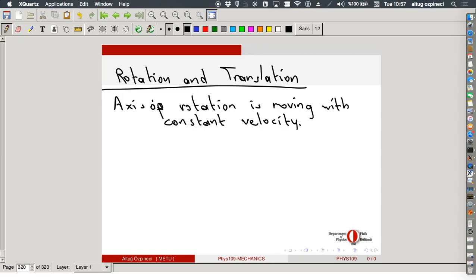It can be an arbitrary axis, but the critical thing, at least for this initial discussion, will be that the axis of rotation is just moving with constant velocity. Now in this case, we can go to another reference frame which moves with the axis of rotation, and in that reference frame, the axis of rotation is just fixed. In my reference frame, it is fixed. In your reference frame, it is moving with constant velocity.